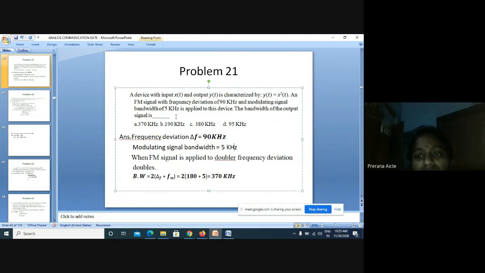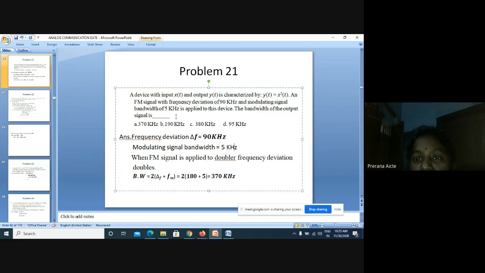So the bandwidth of the output signal: when we apply our signal to this device with the characteristic y of t equal to x square of t, with a message signal of bandwidth 5 kilohertz and a frequency deviation of 90 kilohertz, the bandwidth required will be 2 into del f plus fm.